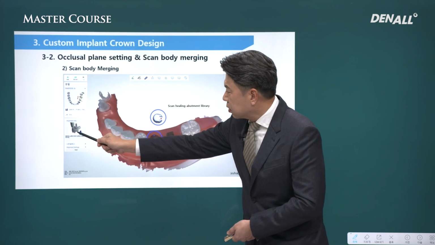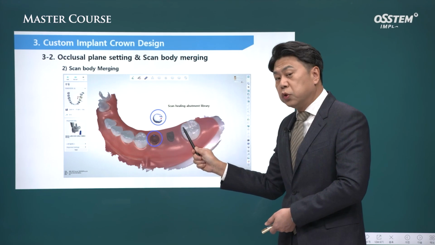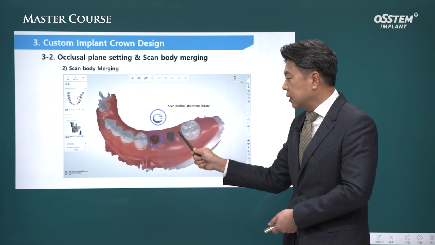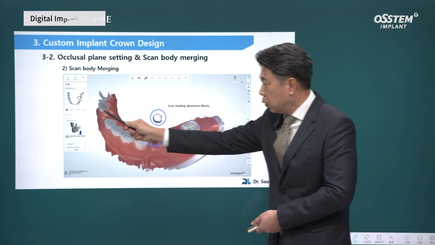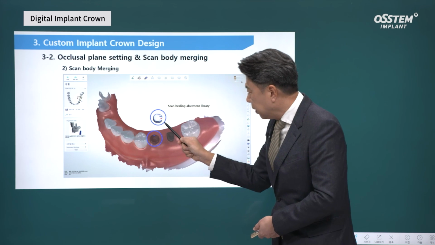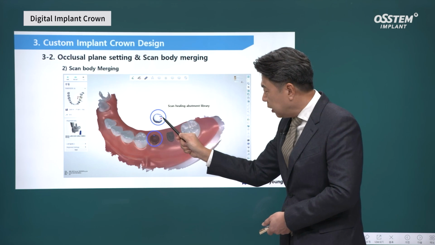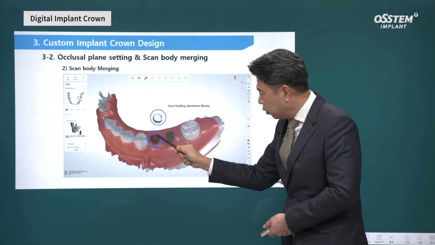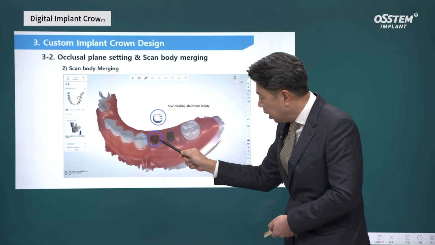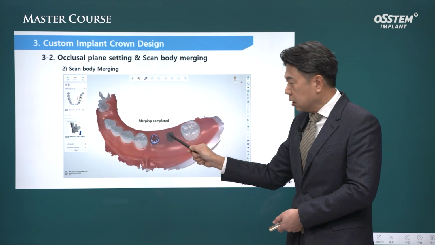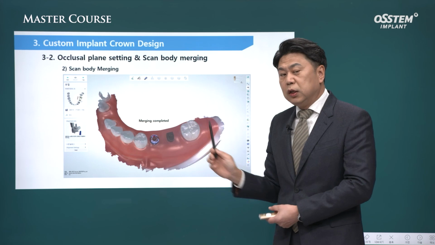A library is brought in. For example, OSSTEM TS3 scan body short type is used. If it is checked in the space, the scan body data appears. If you mark the points where the newly acquired impression corresponds, they get attached like this. This is how the 2 data get merged.